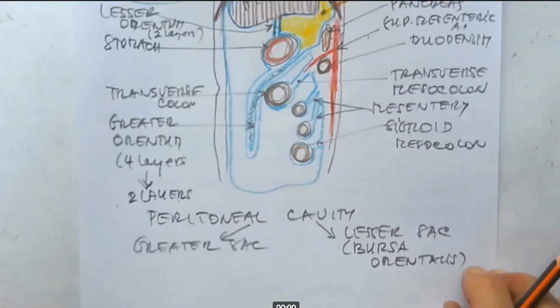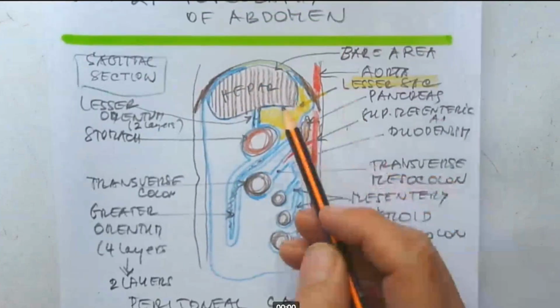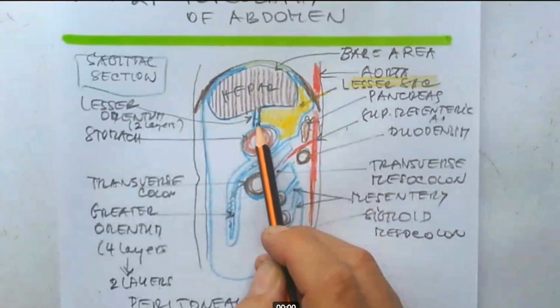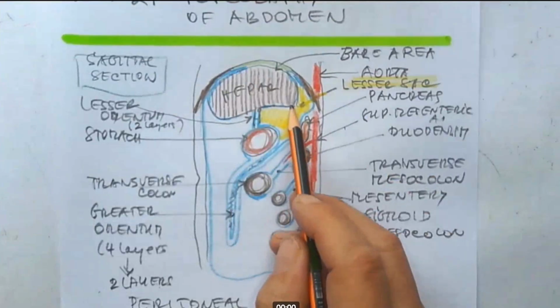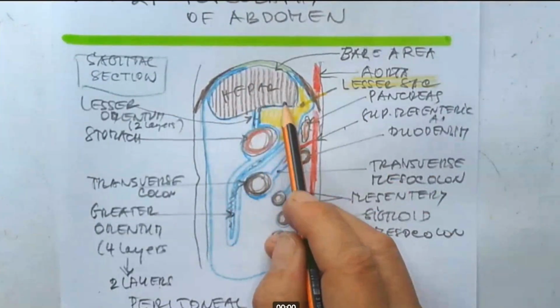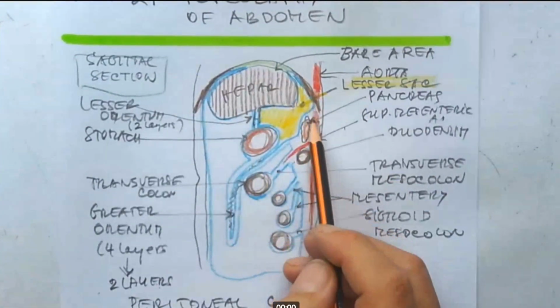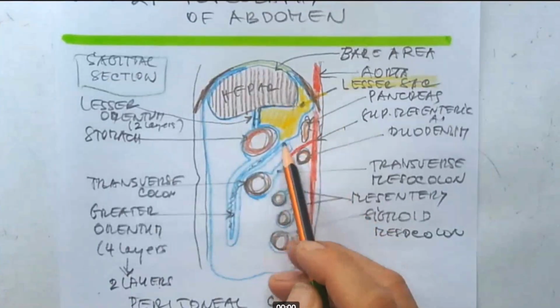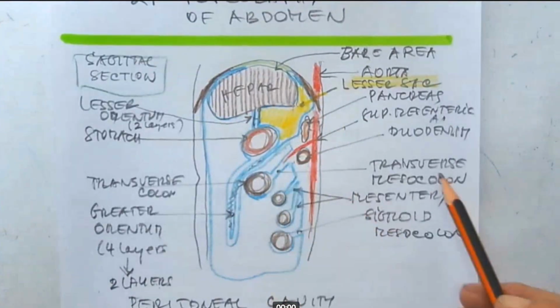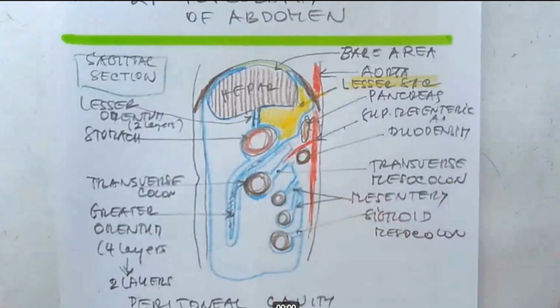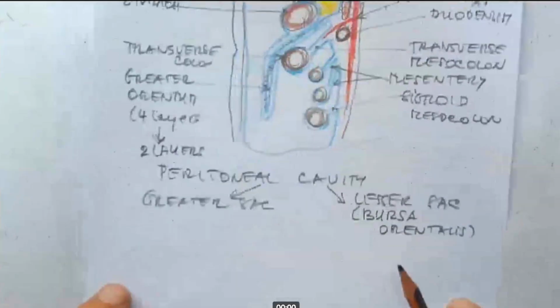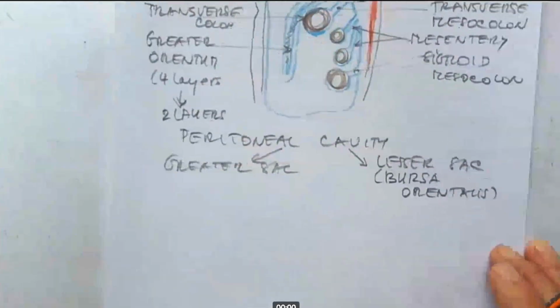As you look again at the drawing, it lies behind the lesser omentum, behind the stomach, inferiorly to the liver and diaphragm. Posteriorly there's the diaphragm, inferiorly there's the transverse mesocolon. So we see that the omental bursa has its own boundaries. We will describe it.